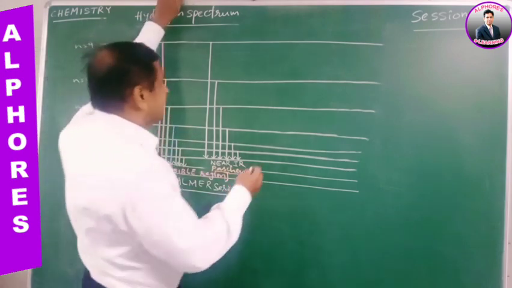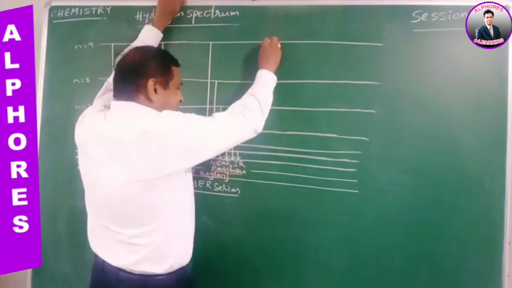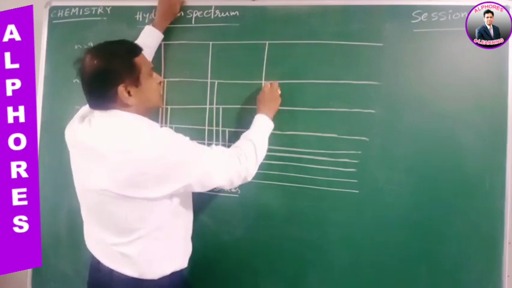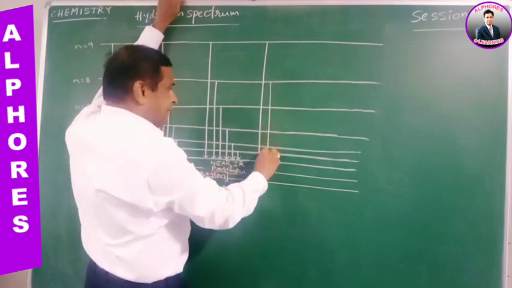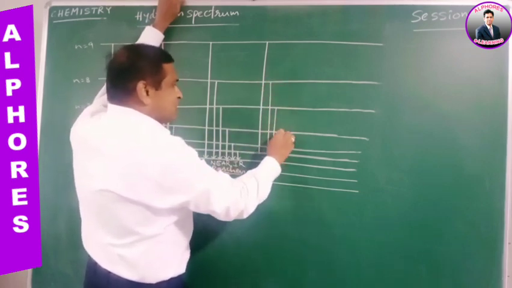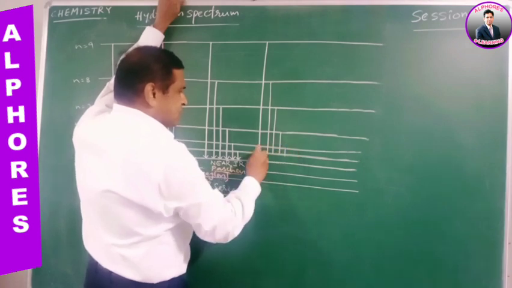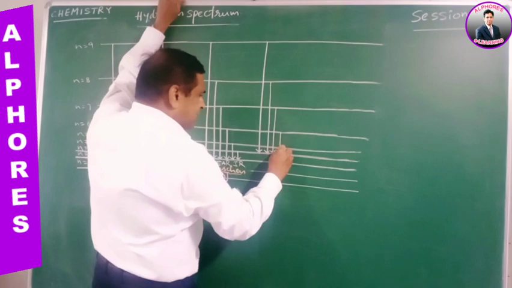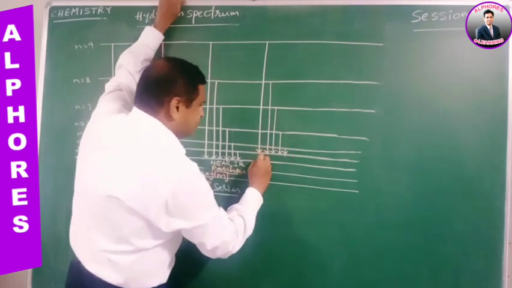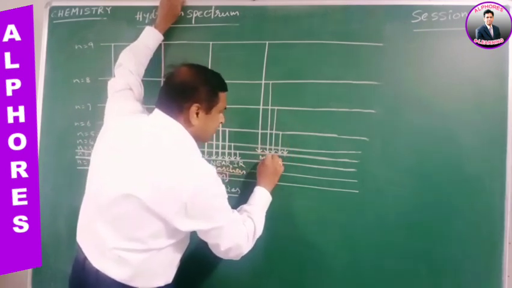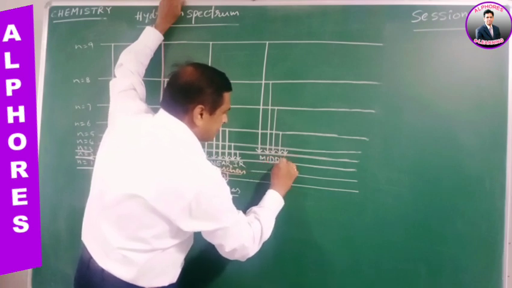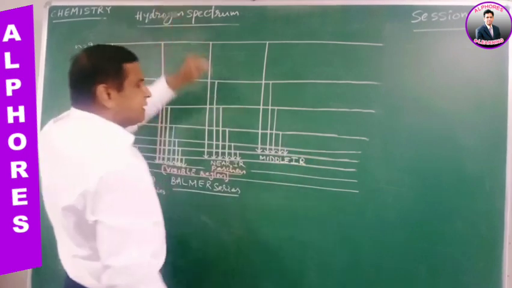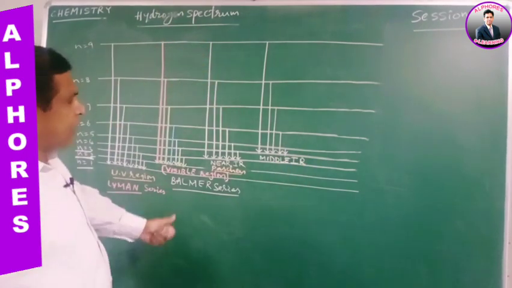Similarly, when the excited electron transition takes place from higher energy levels to the fourth orbit, that is the fourth energy level, n equals 4, the series of spectral lines were found in the middle infrared region. They were identified in the middle infrared region of the hydrogen spectra, and should be remembered.